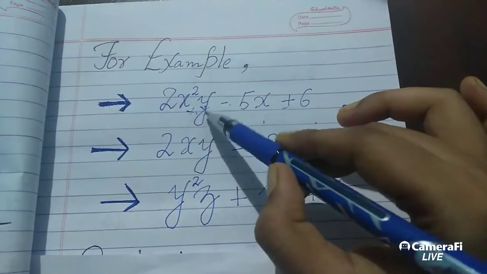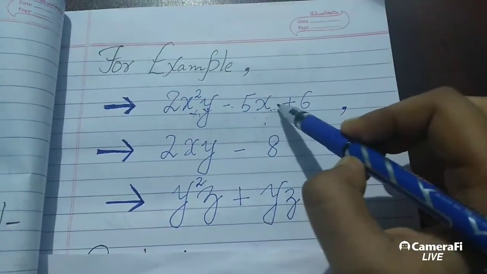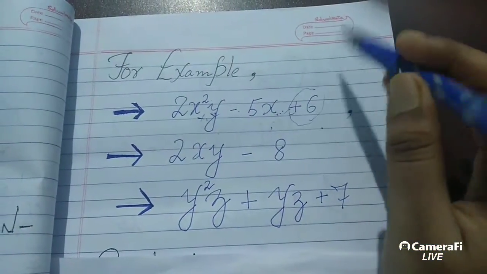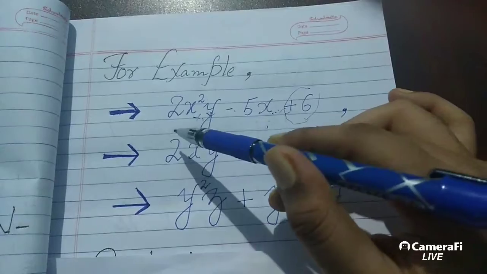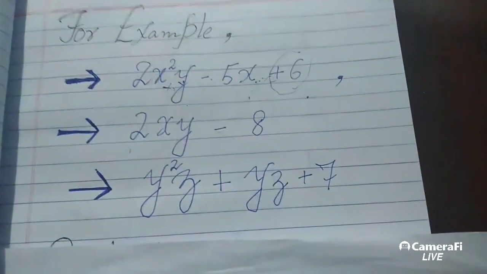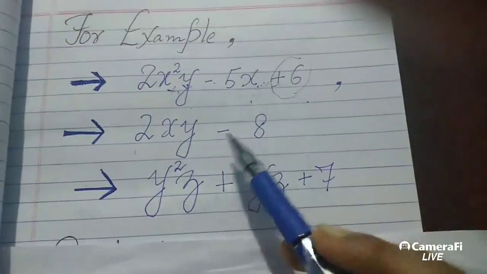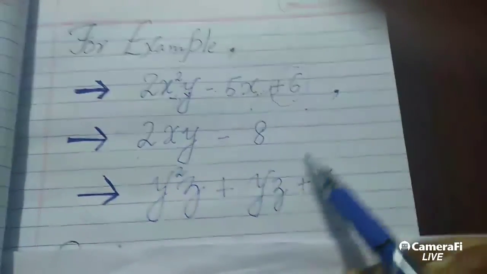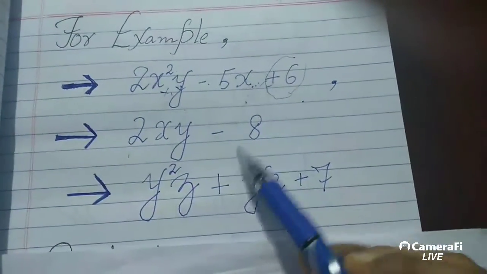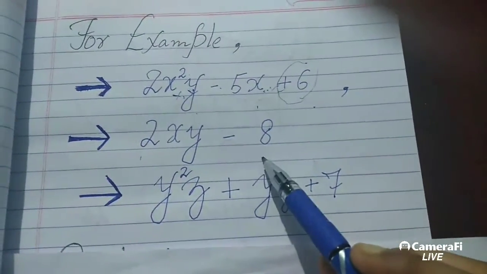See, there are variables x and y here. Even x is there, x square is there, and there is a constant 6, and then I'll tell you the next example over here. 2xy minus 8. Again, there is a combination of variables and constant separated with the help of a minus sign, which means there's subtraction over here.